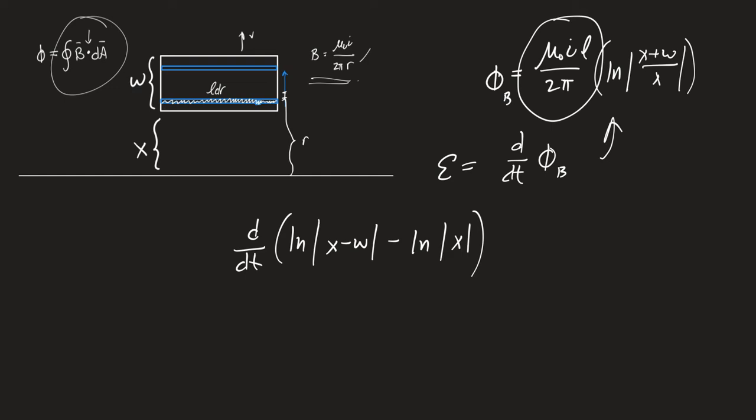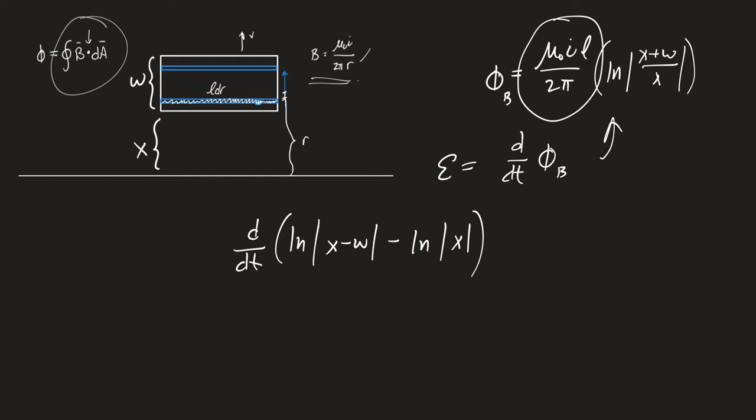Although I know about the quotient rule, the quotient rule is a pain, and you all know it's a pain. So I never use the quotient rule. I only use the product rule. Even when I have a quotient, I just break it up into two products. I could have done x minus w times 1 over x and done the product rule. But I don't even have to do the product rule here. I want to make this as easy on myself as possible.